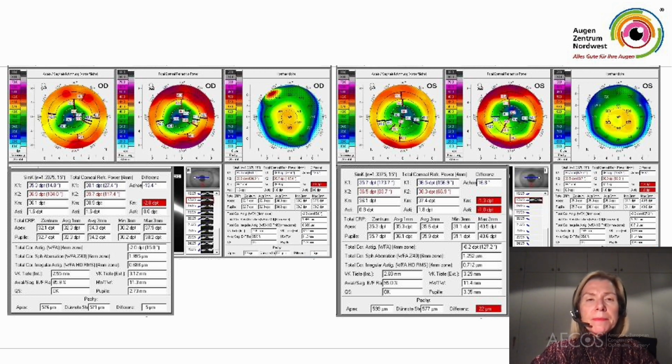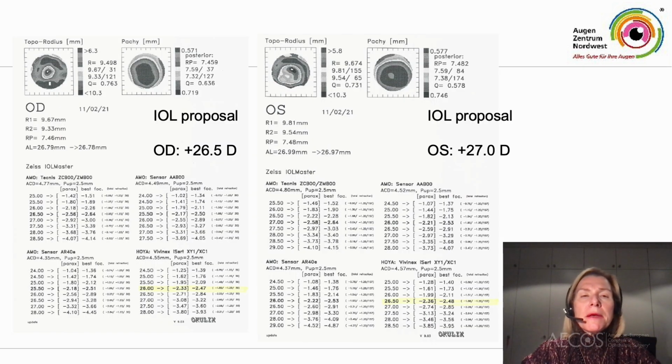Then I did the Oculix biometry, which is based on ray tracing, in combination this time with the Pentacam, and I got for the right eye Hoya Vivinex plus 26.5 diopter, and in the left eye 27.0 diopter.